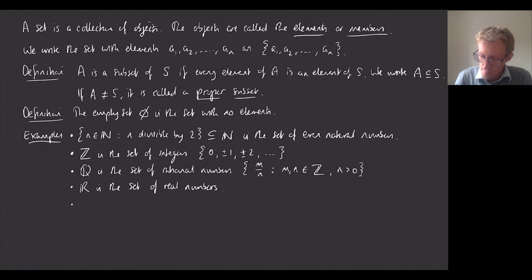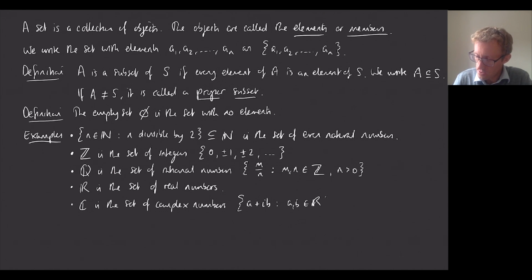You also have the set of complex numbers, and you have an introductory course for those as well. But we could write those as the set of a plus ib, where a and b are real numbers, and where i is the square root of -1, whatever that means.